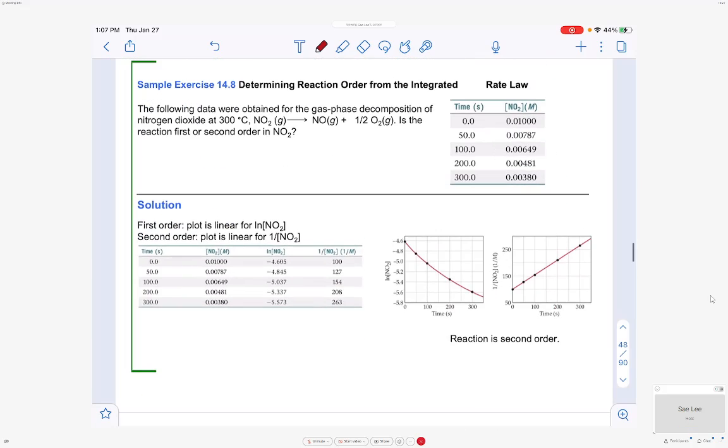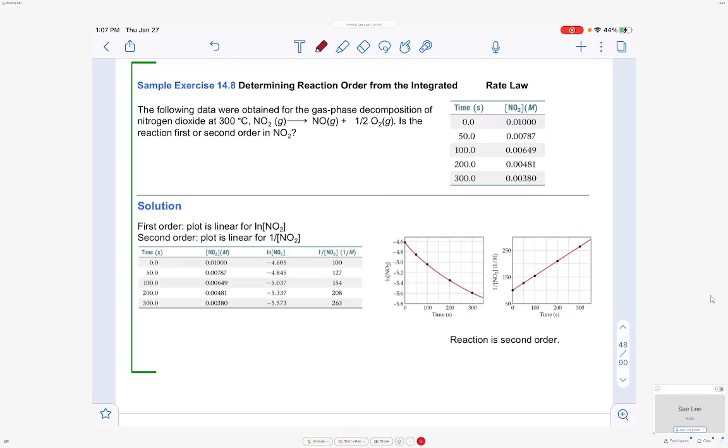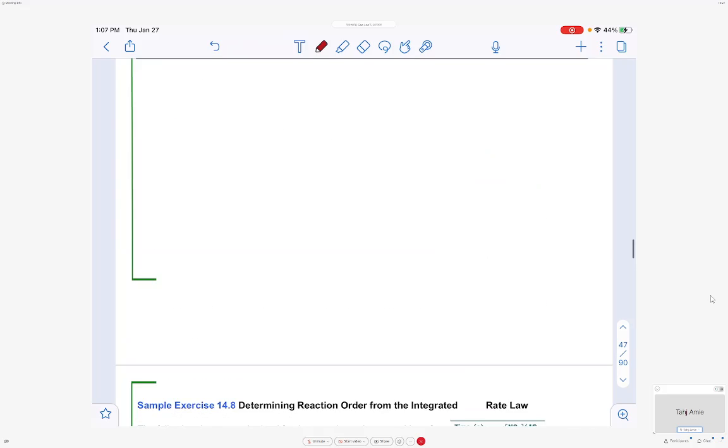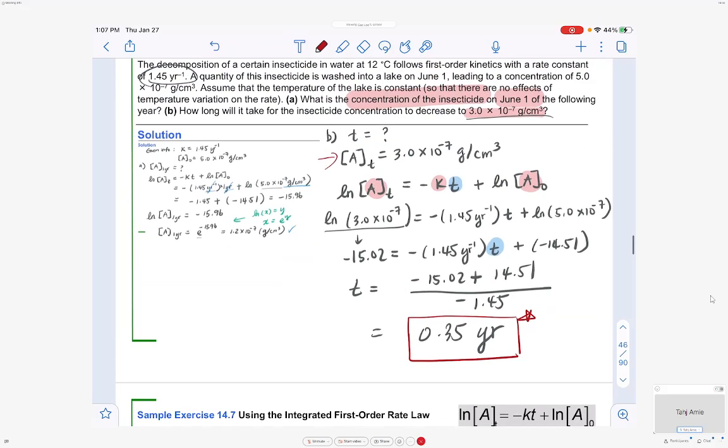Okay, let's solve another sample exercise. Can I see that example one more time, please? Oh, sure. Sorry. Also, how did you get negative 15.02 plus, where is it? I'm sorry, I can't see it. Plus 14.51. Like, did you subtract it from the other side? Okay.